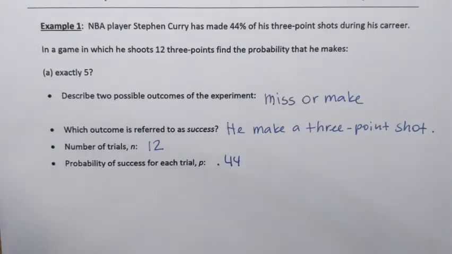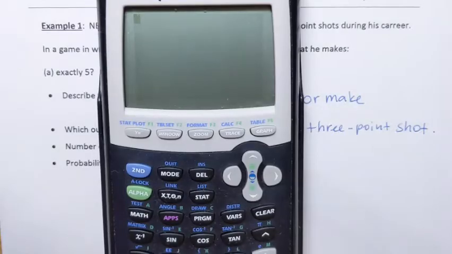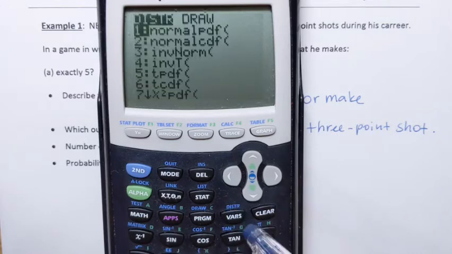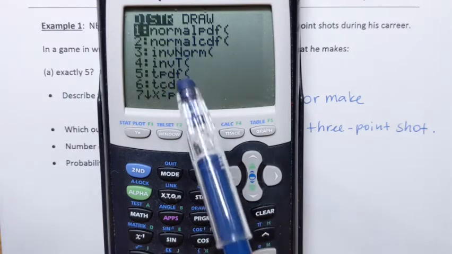To compute probabilities of a binomial experiment, we're going to use a calculator. There are 2 functions that we have to use. And to find those functions, we need to do the following steps. First, we have to press second, then vars. As you can see, above vars it says distr for distributions. And as you remember, we're working with binomial distribution, so it's going to be somewhere on that list.